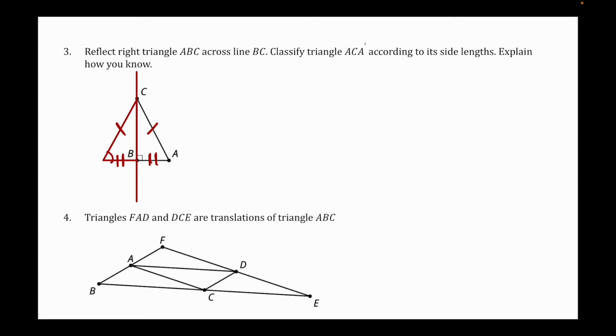I'm going to have angles that should be congruent to each other and top side angles that should be congruent to each other. So it said classify ACA prime according to its lengths. Well, this is A prime because that's the image of A. So ACA prime has two sides that are the same length, which means it is going to be isosceles.